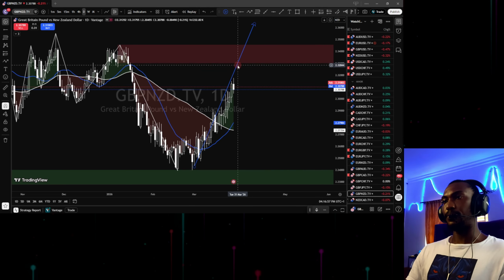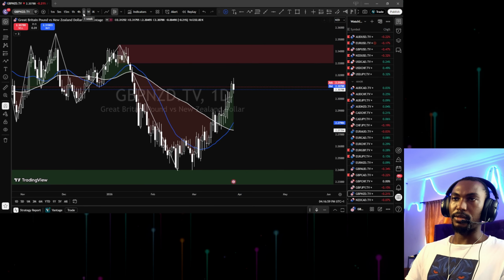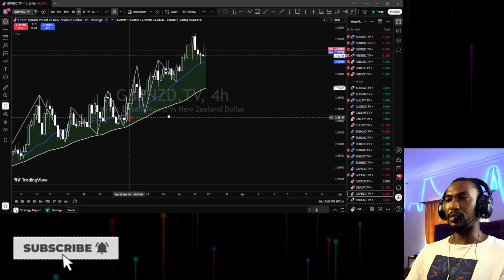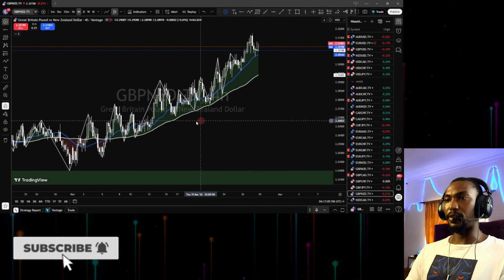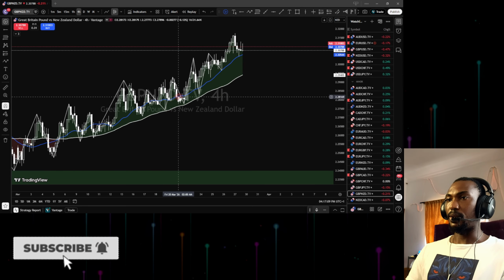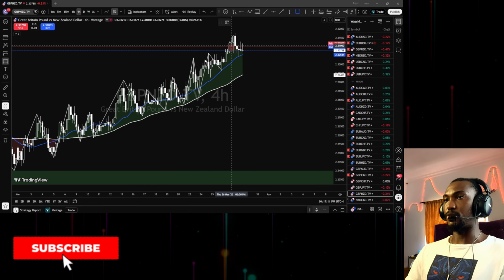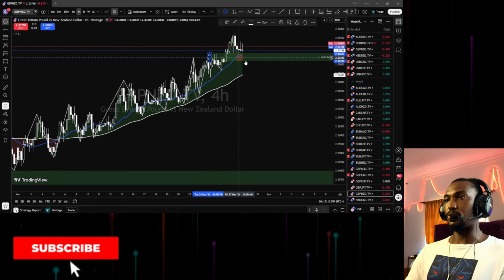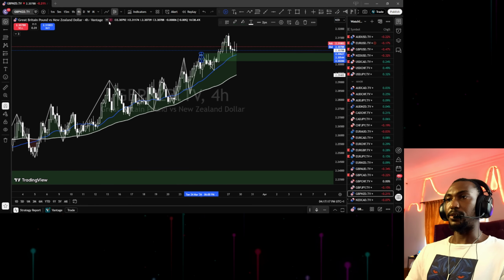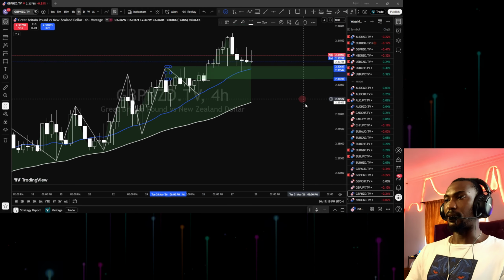However, when you go down lower to the 4 hours time frame, we can then start to see plenty of clear zones where we can get price to at least retrace to for us to jump into. So we can see this one right here, which price has already retraced to at this point.